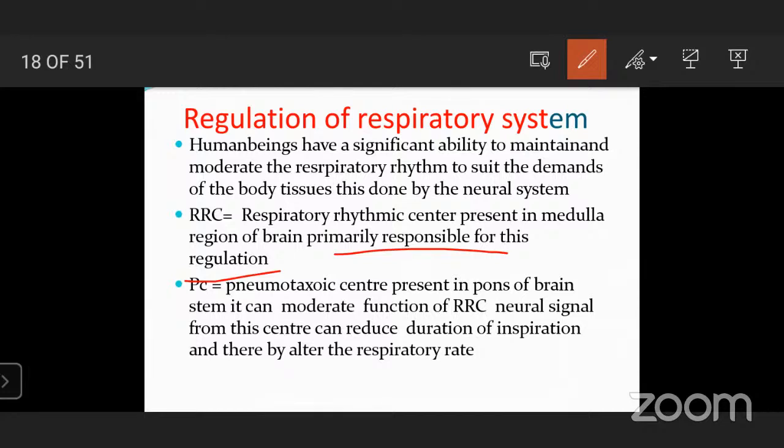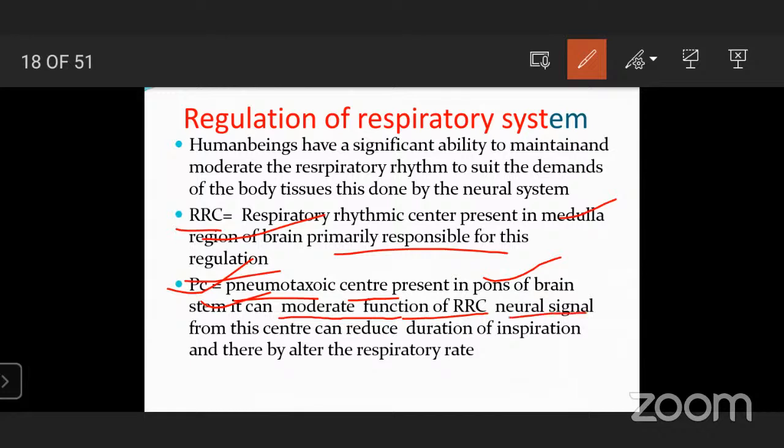And the second one is the PC, the pneumotaxic center, present in the pons of the brainstem. So RRC is present in the medulla region of the brain, but the pneumotaxic center is present in the pons of the brainstem. It can moderate, this is the most important word, moderate the function of RRC.